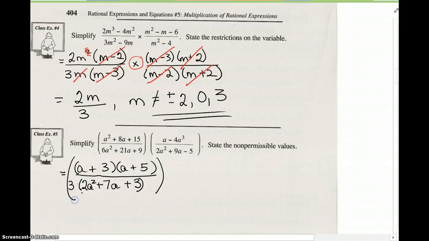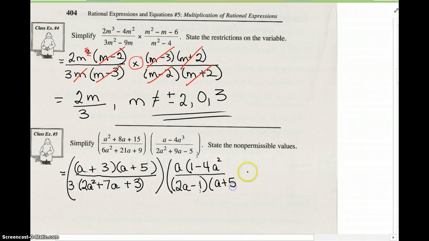I'll put the brackets around that, and then this one will be an a minus, I can pull out an a, so I will have a 1 minus 4a to the power of 2, and the bottom, looks to me like we can do decomposition to a minus 1, a plus 5, and that's what we've got.